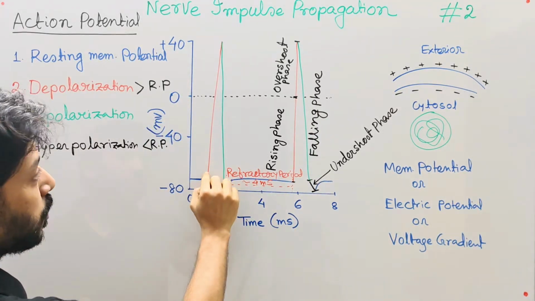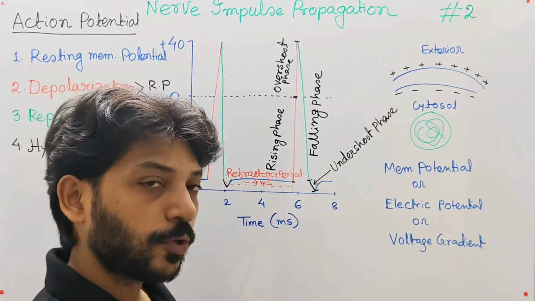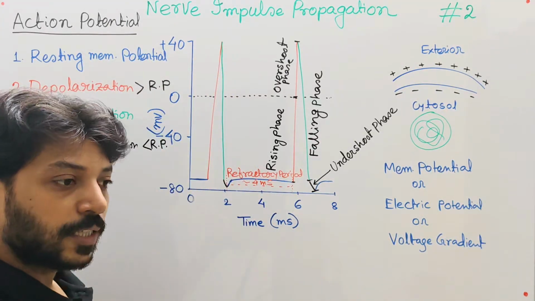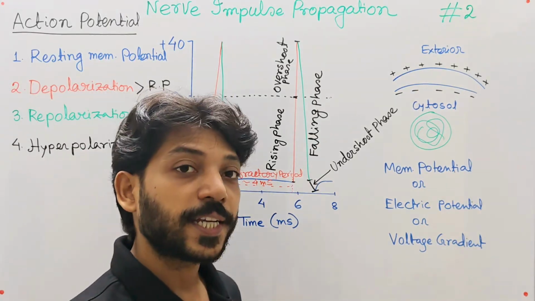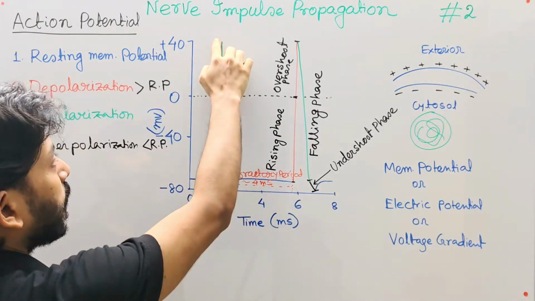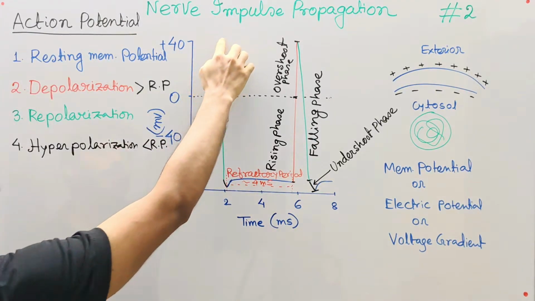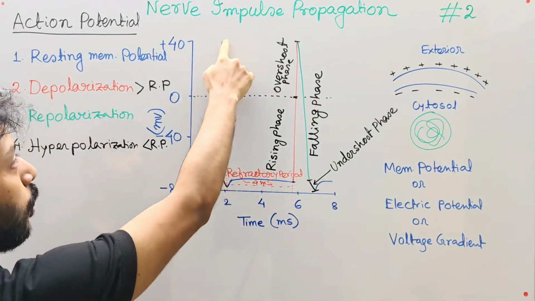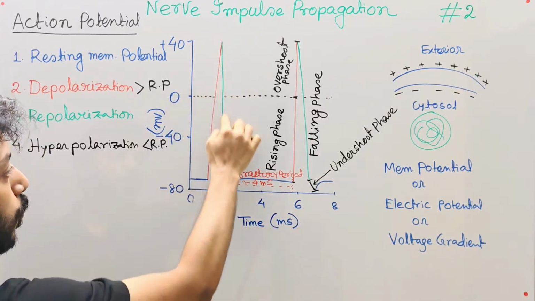Now this depolarization actually stops at a certain value, or we call it the peak. Here I have mentioned that it is plus 40 millivolt, but it can reach up to plus 50 millivolt. So there is a peak and it stops. So depolarization stops. Now when the depolarization is at its peak and it falls back to the resting membrane potential, we call it repolarization.